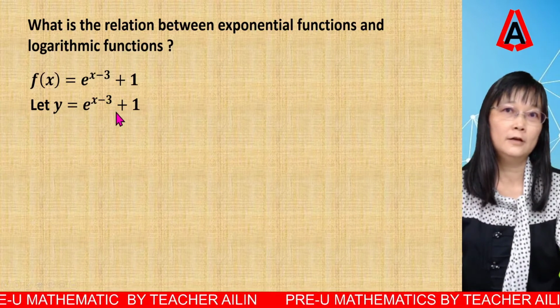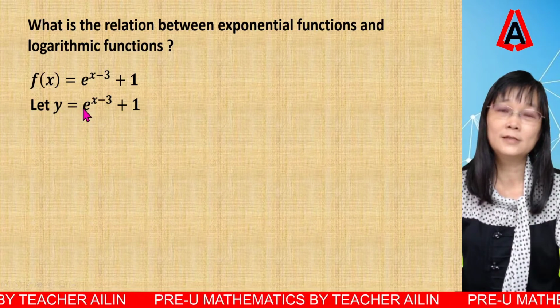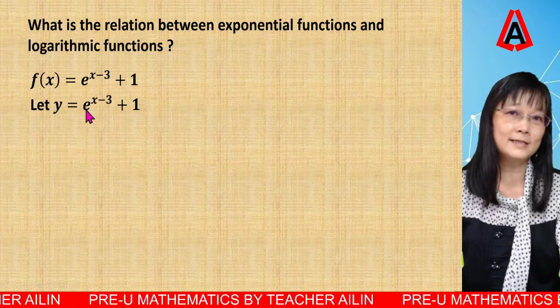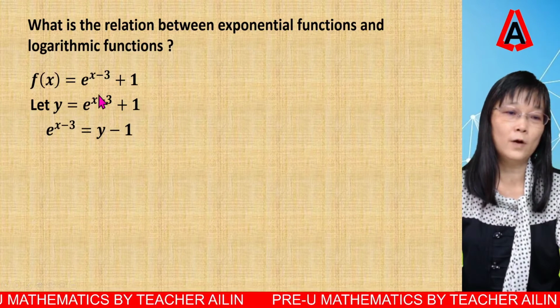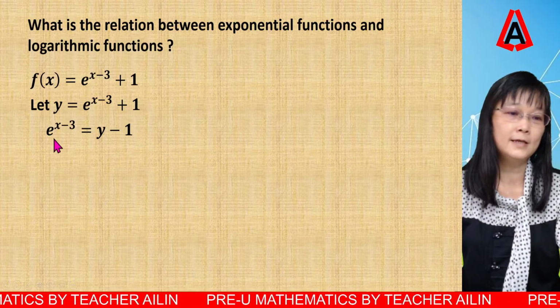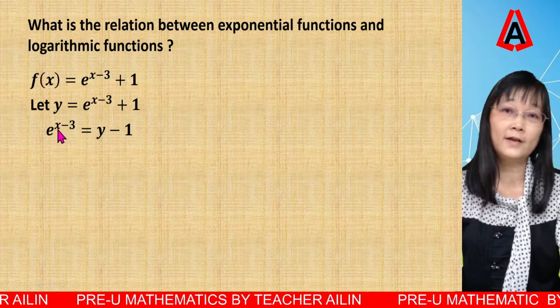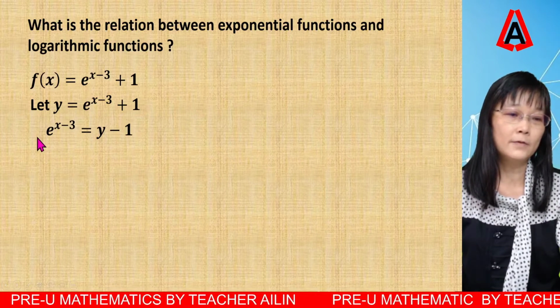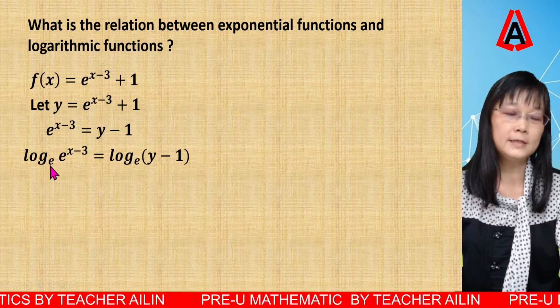To find the inverse function, I'm going to rearrange this equation such that x is the subject. So to do this, I shift the 1 to the other side. And to find the value of x, I'm going to use the logarithm with base e.